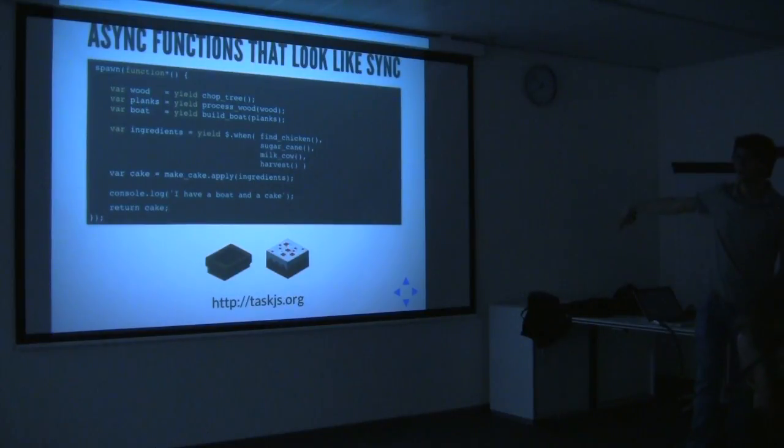Then we go back to the event loop, and once chop tree is ready, the event loop returns the control to the function and gives me the wood. Then the same process is repeated with process wood and with build boat. And we eventually see this is actually happening in two different parts of the code and just going back and forth. But here in the code we see like an asynchronous operation.